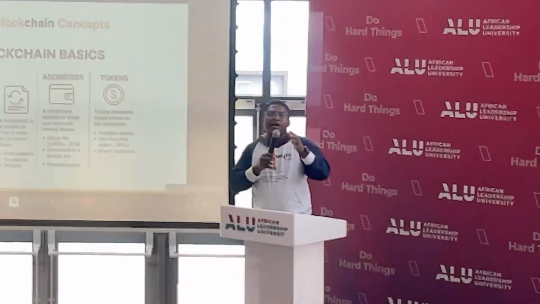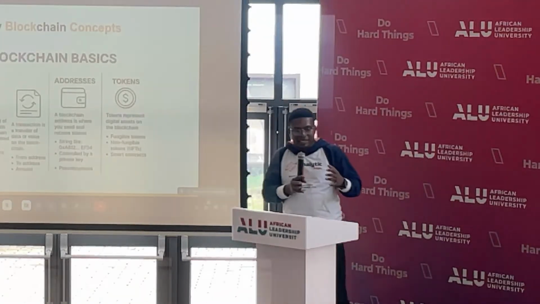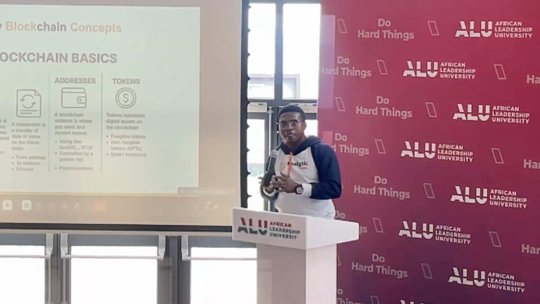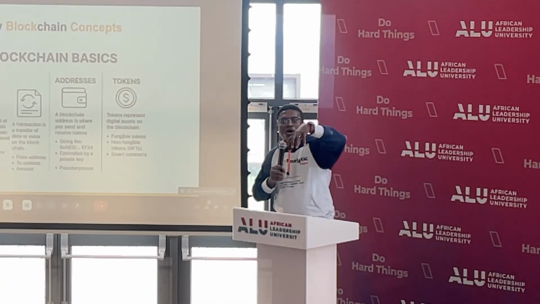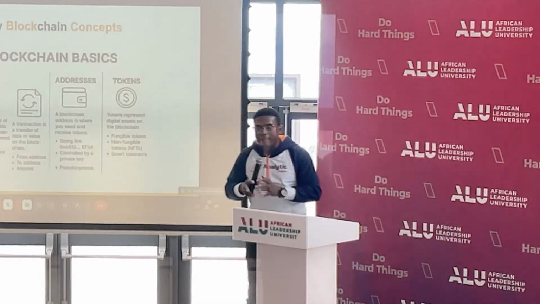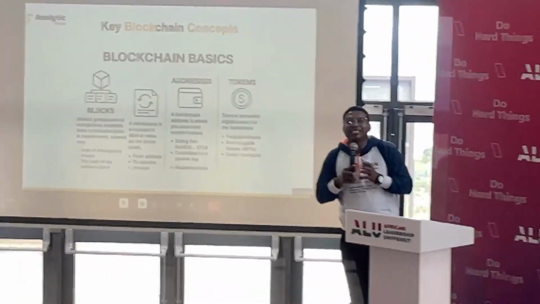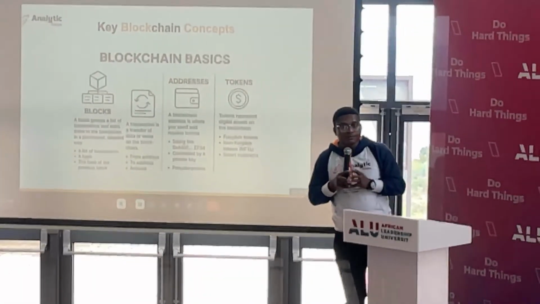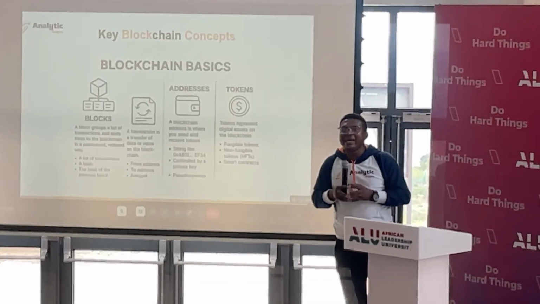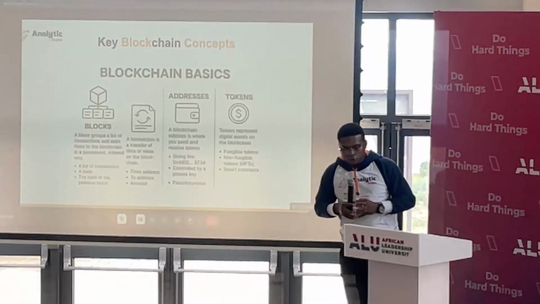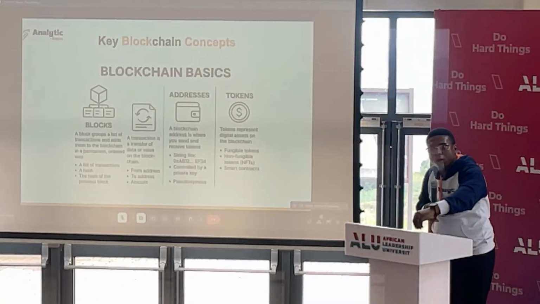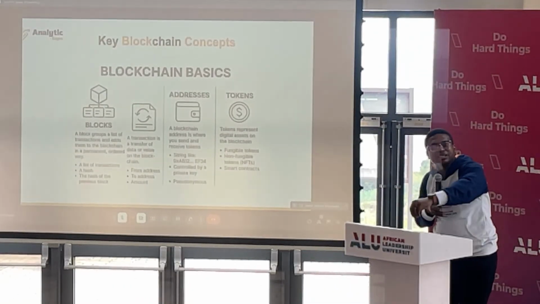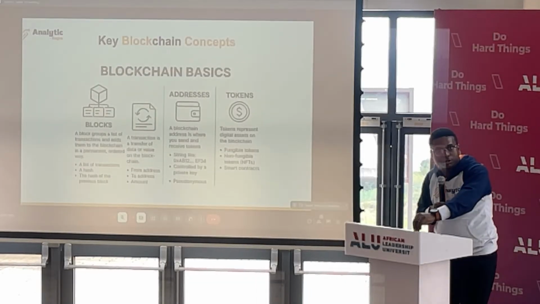I've already explained that blockchains are created in different blocks, right? Are you following? The first block to be created on the blockchain is what is called the Genesis block, or we call it the parent block. It has its own unique hash.